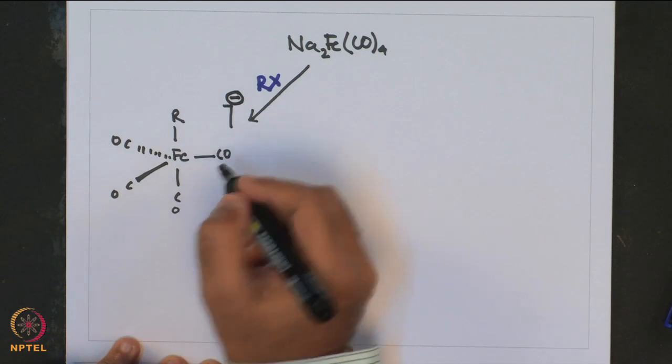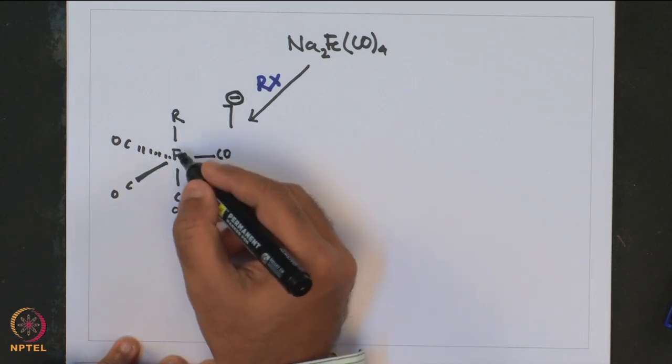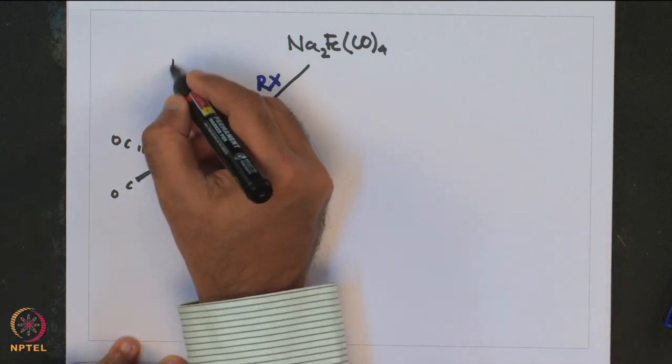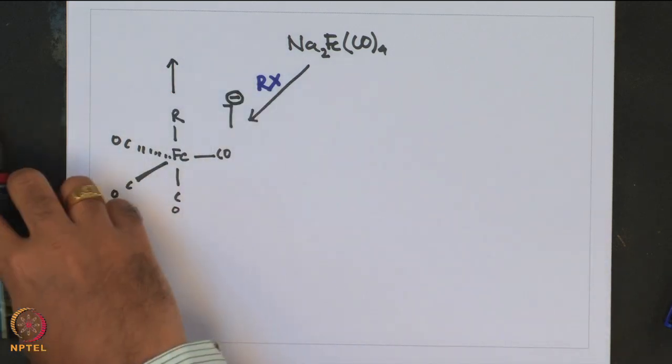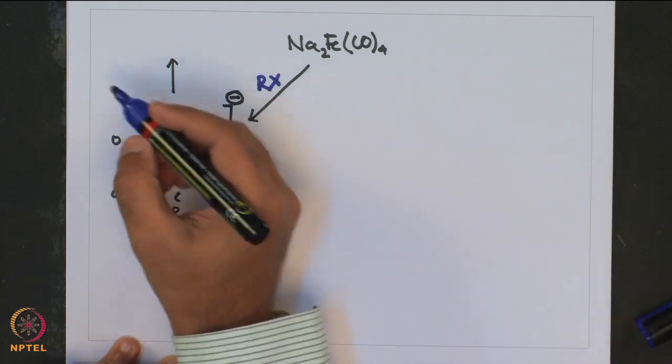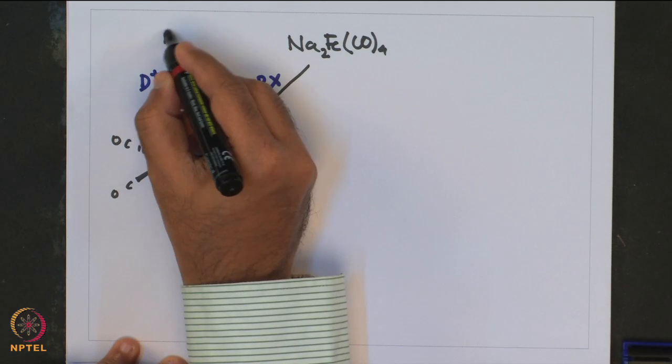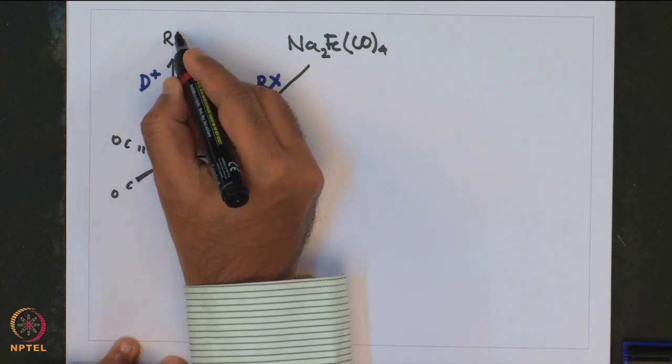Now, this is the iron anion, an iron organometallic species formed, which when treated with D+ gives RD.